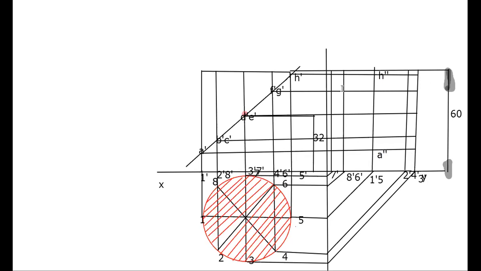This one is F, 4. This one is G dash, G double dash. This one is F double dash.